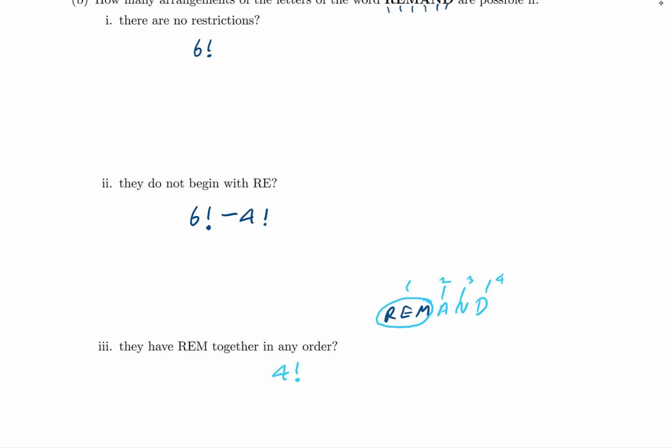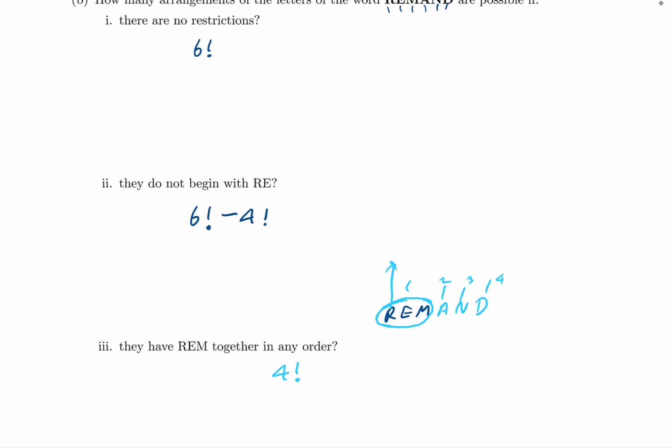But REM can be arranged in any order. How many ways can we change this REM? In this circle we have 3 letters, so you can pick REM, RME, MER, and so on.